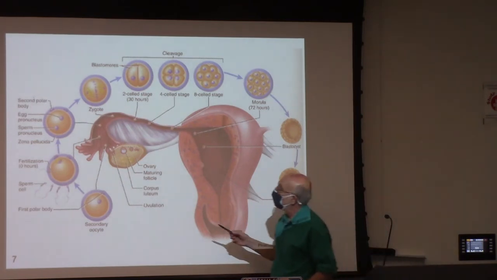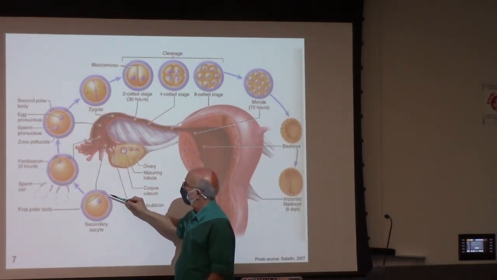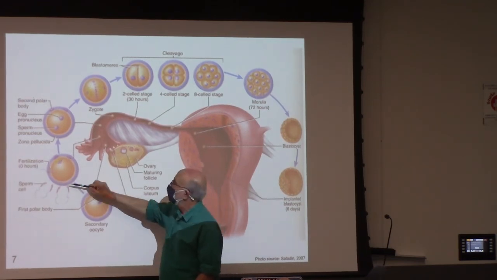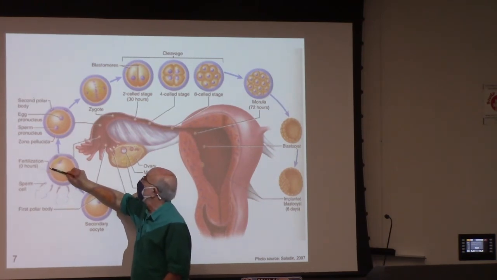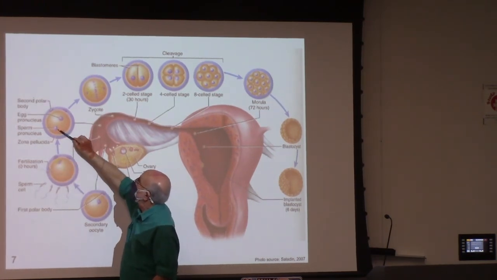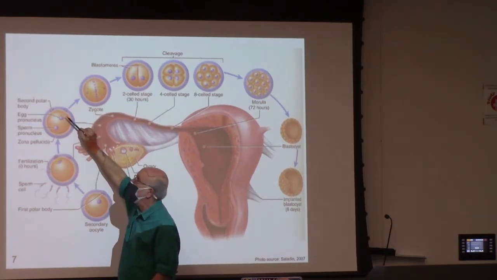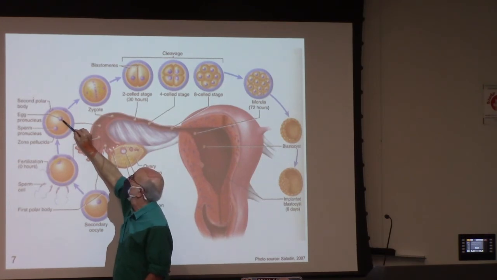So here's the oocyte, sperm, fertilization, which we've just been talking about, sperm nucleus, egg nucleus. Right now we have a true haploid nucleus of the oocyte.